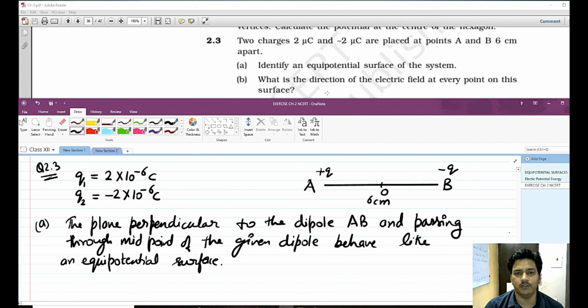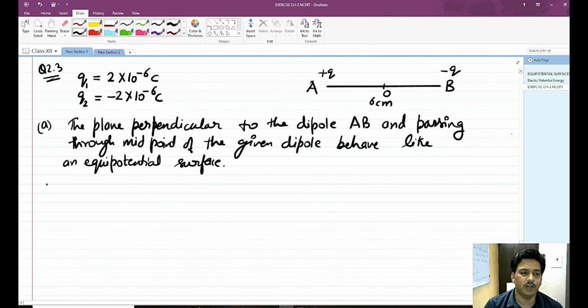Now the second part of the question is, what is the direction of the electric field at every point on this surface? As we know, the electric field lines always originate from a positive charge and terminate at a negative charge, and it is also a property of an equipotential surface that the electric field lines are always normal to the equipotential surface.